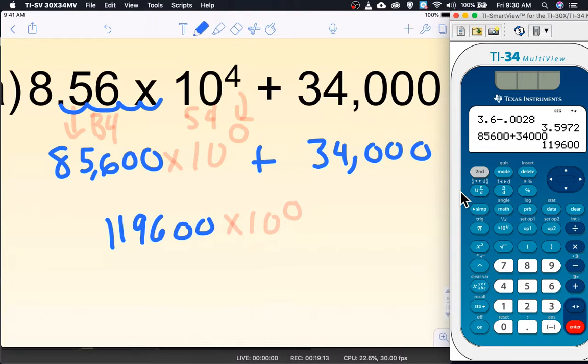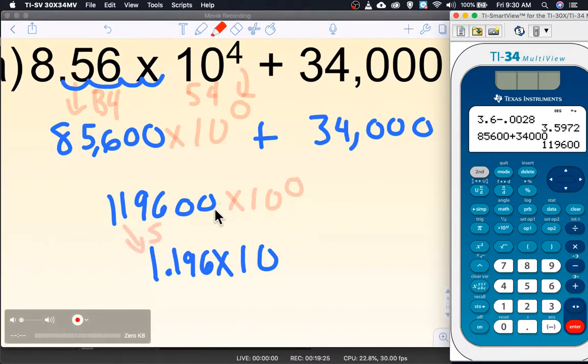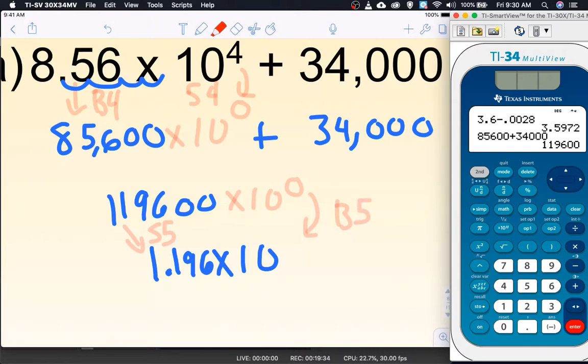Times 10 to the 0, put the decimal in the right place, 1.196. This number got smaller by 1, 2, 3, 4, 5 decimal places, so my power of 10 gets bigger by 5 places, giving me 10 to the 5th power.